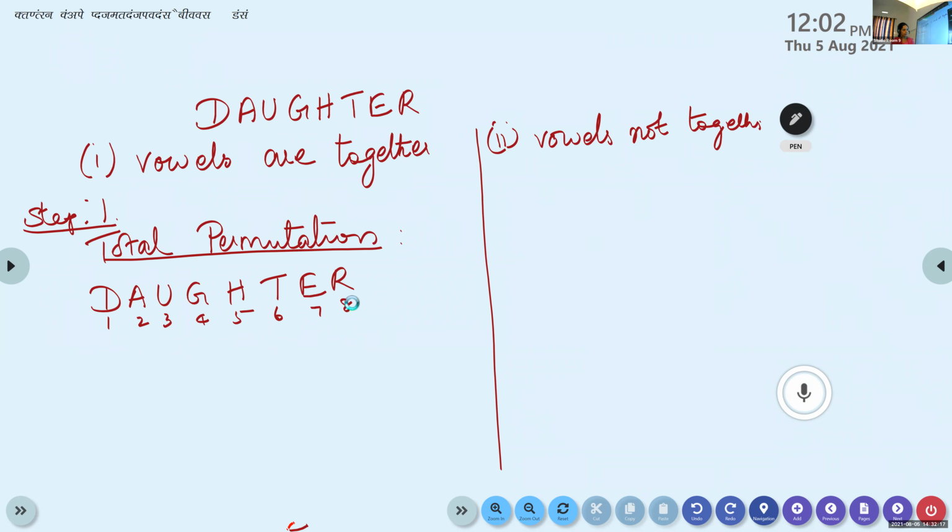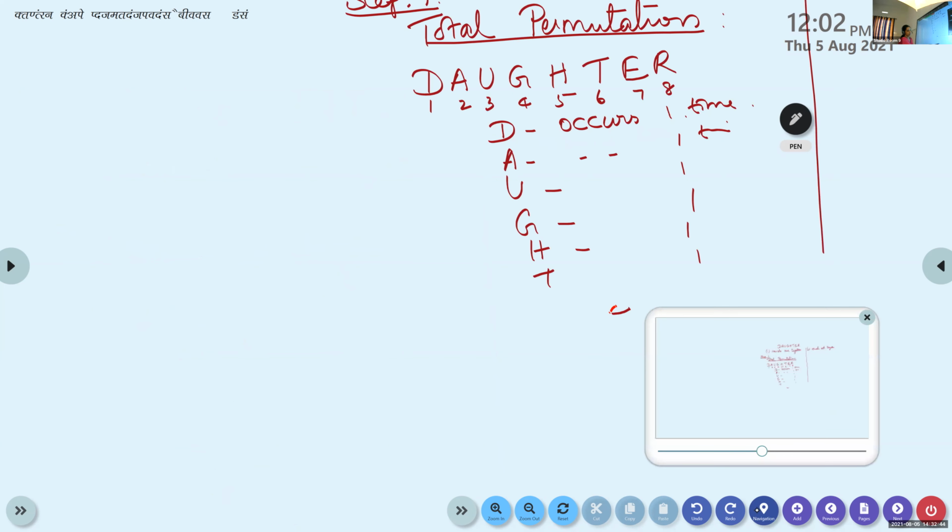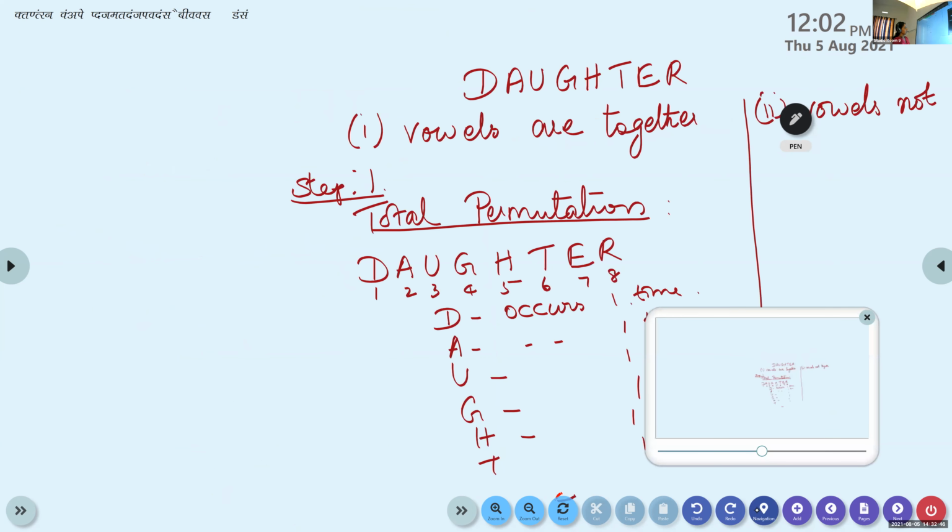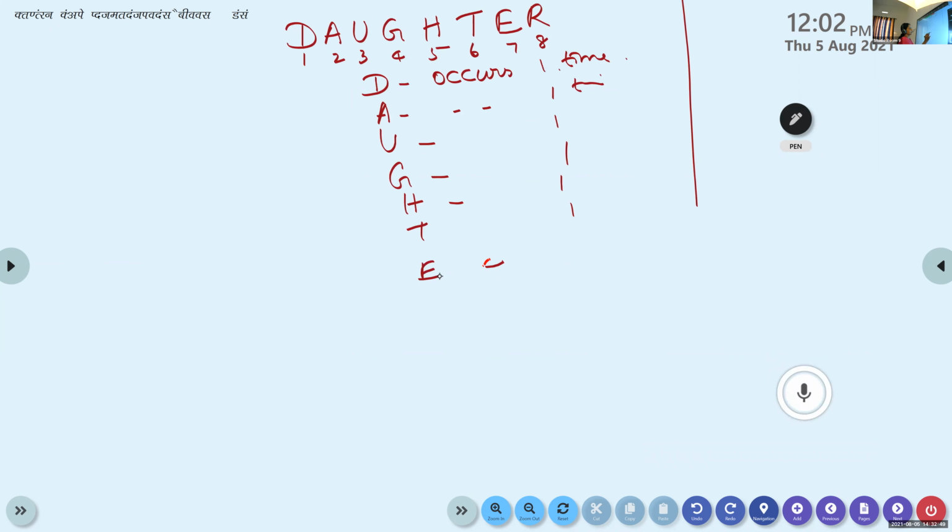Look at D. Is it repeated? No, isn't it? D occurs only one time. The letter A occurs one time. U, one time. G, once. H, T, one each. E, also one. R, one.